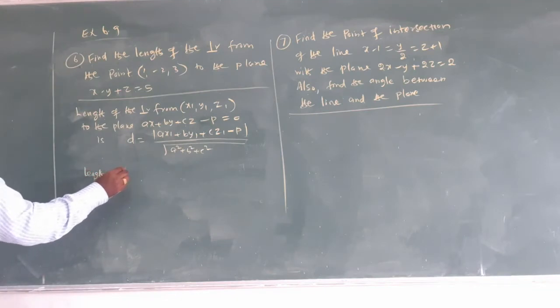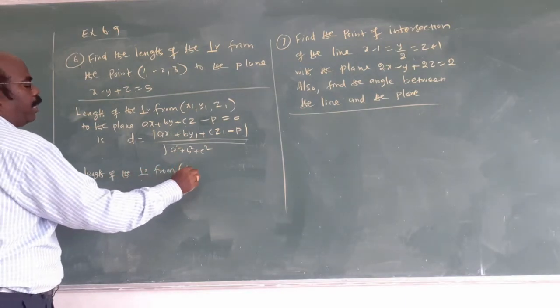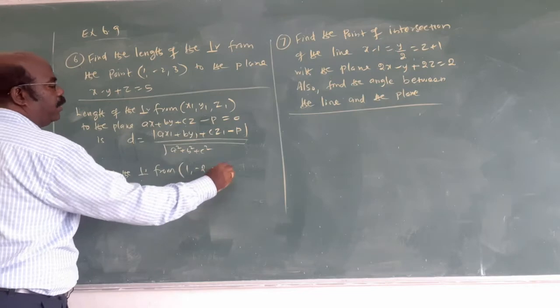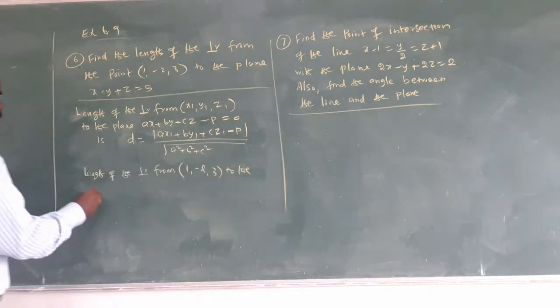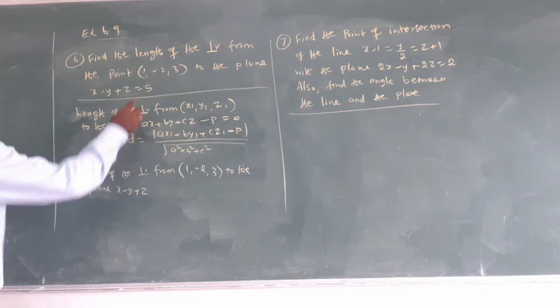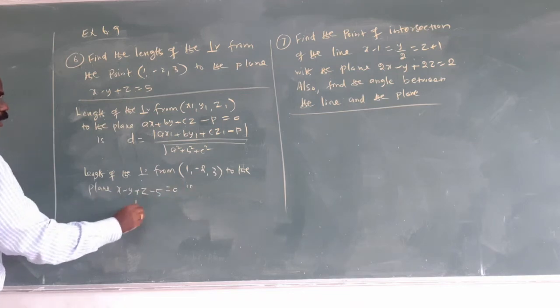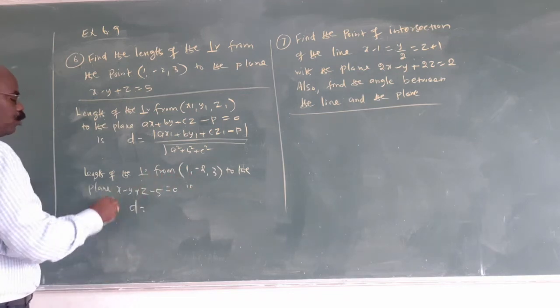Now write the answer. Length of the perpendicular from the point 1, minus 2, 3 to the plane x minus y plus z minus 5 equal to 0 is d equal to, in the numerator, substitute the point.